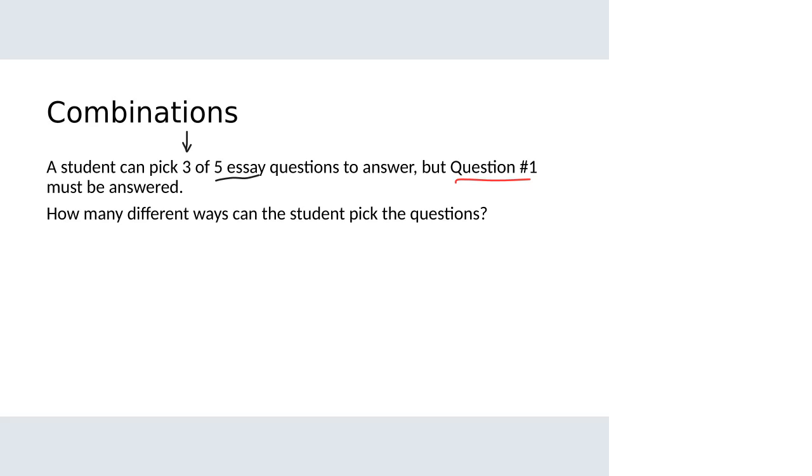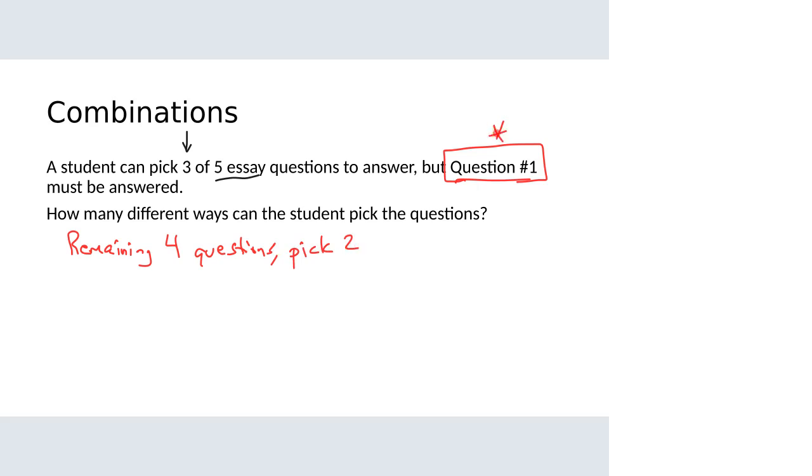So what that really means is they don't really have 5 to pick from, and they don't really get to choose 3 of them because they have to do number 1. So of the remaining 4 questions, they get to pick 2.